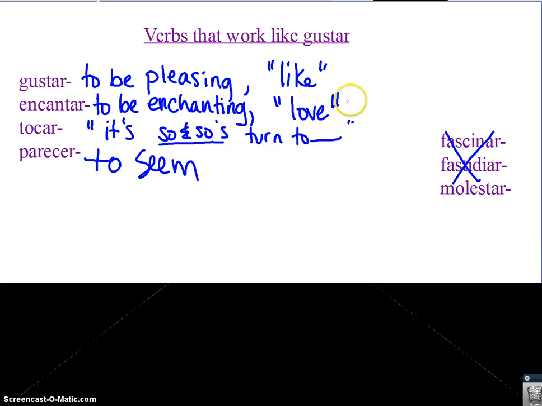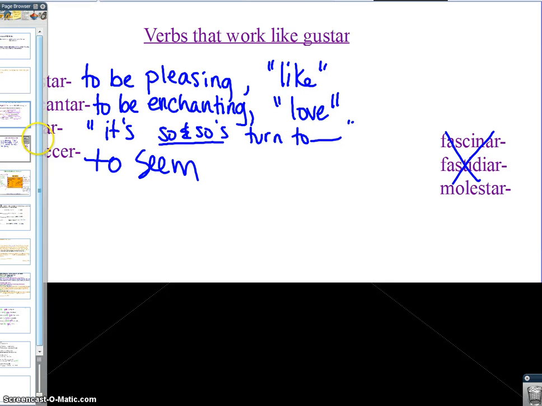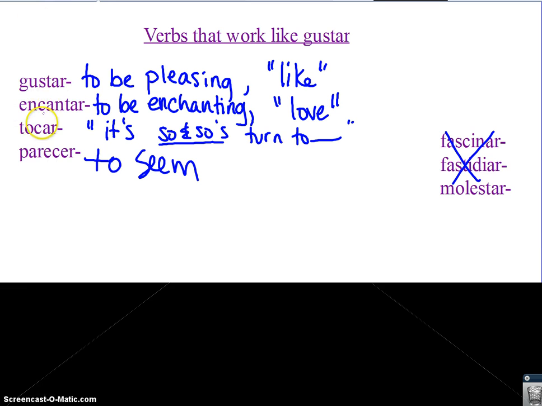When we say it, we say, I love pizza. And you guys probably had a chapter over chores, and we used tocar, which you guys know in normal sentences means to play instruments, but we use it to say it's so-and-so's turn to do something. The verb parecer means to seem, and really we should keep it like that.